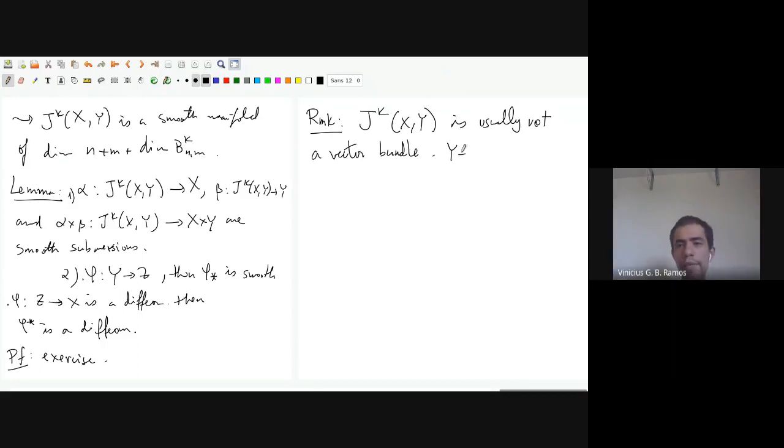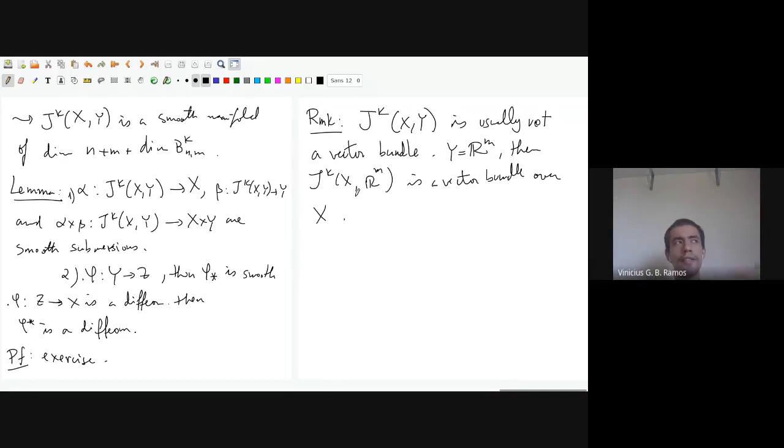But if Y is equal to a Euclidean space, then this is a vector bundle over X. Right? Because if the target is a vector space, then you can sum functions.